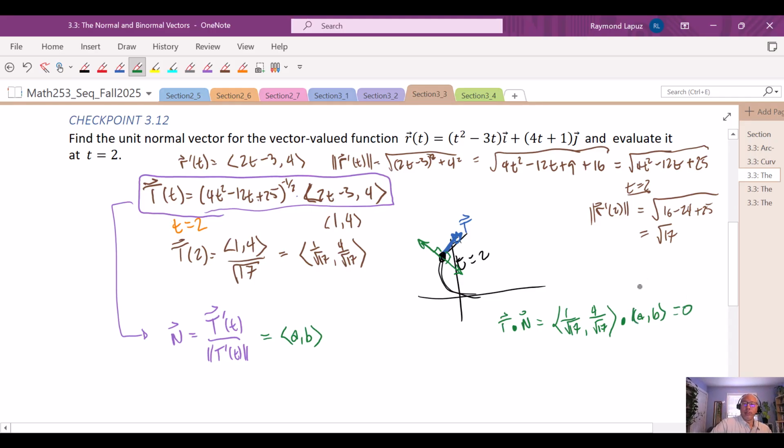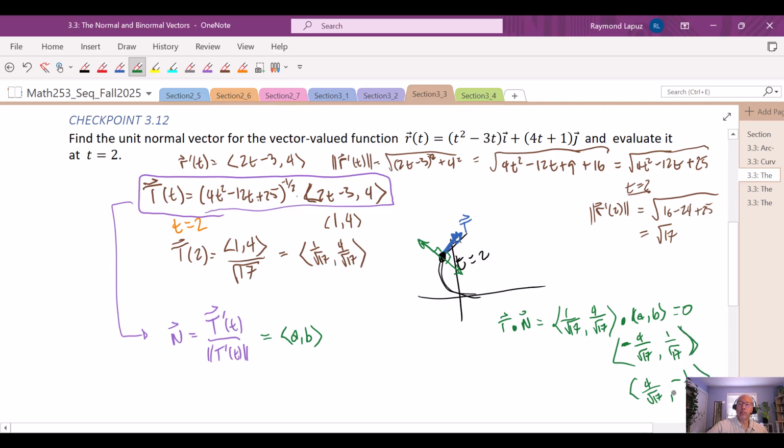Well, what we can do is we can switch the order. We can have 4 over root 17 and 1 over root 17, and then make one of these into a negative. And if we take the dot product, then it would be equal to 0. So this is one candidate, and this is another candidate: 4 over root 17, negative 1 over root 17.